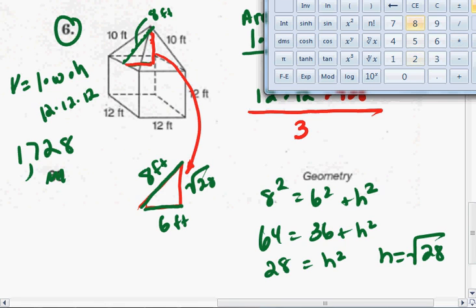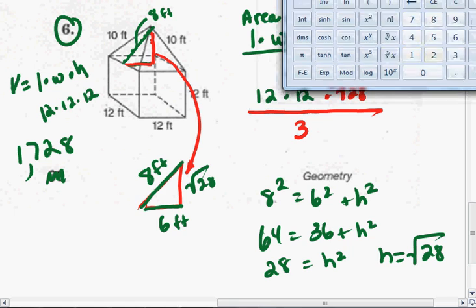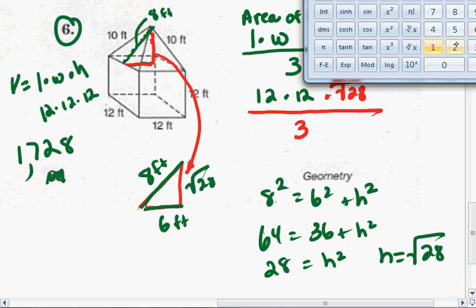That seems to work better in the calculator that I'm using to help it figure out order of operation here. So the square root of 28, 5.29 something, times 12, right? Yep. Times another 12. 761.9763 and so on, divided by 3 is 253.992125.